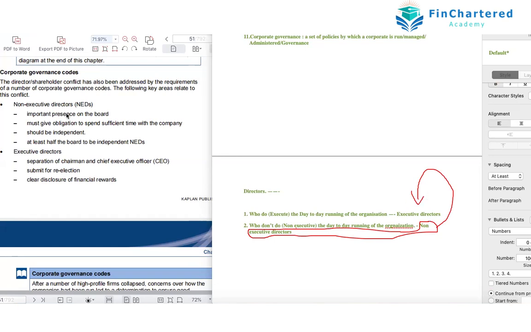That's why it is important to have NEDs on the board. And obviously, they have to watch over the actions of the executive directors. So they need to spend a decent amount of time doing that. Again, those things are very, very basic things. So you can make a note of it.